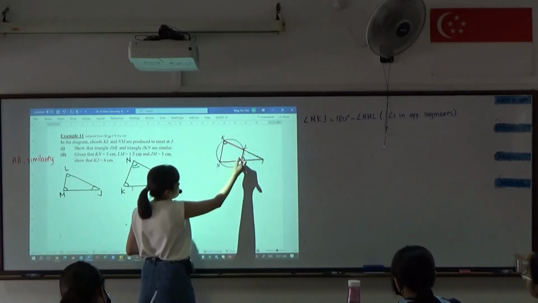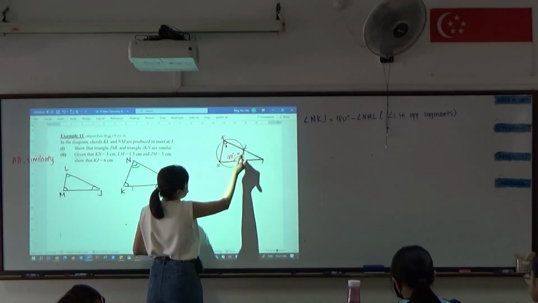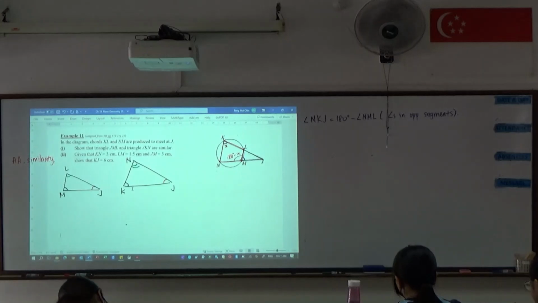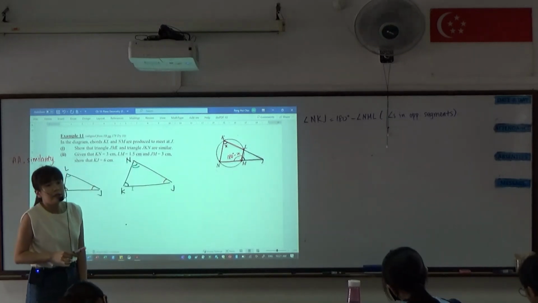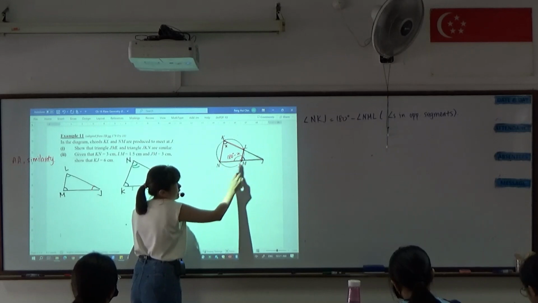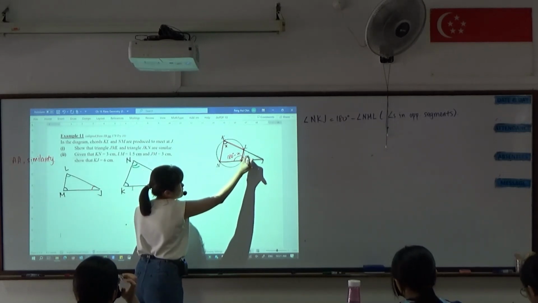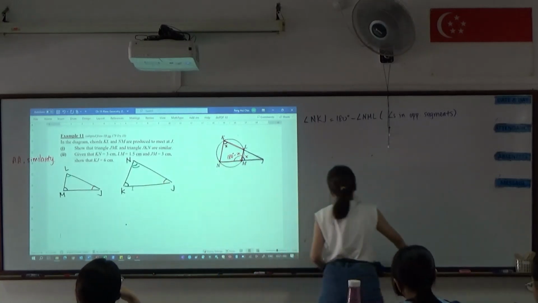Let me just write this down. If this is x, this is 180 minus x. I'm trying to prove that this is equal to this. I hope that you see that if this is 180 minus x and this is on the same straight line, then this will have to be x because of adjacent angles on a straight line.